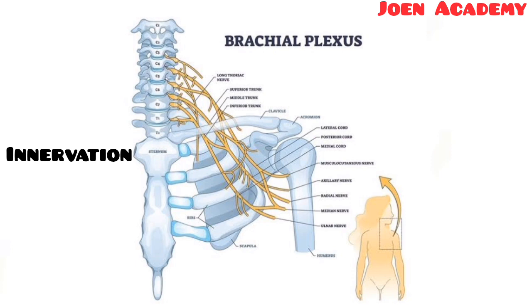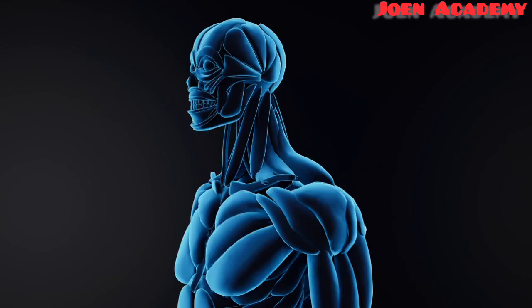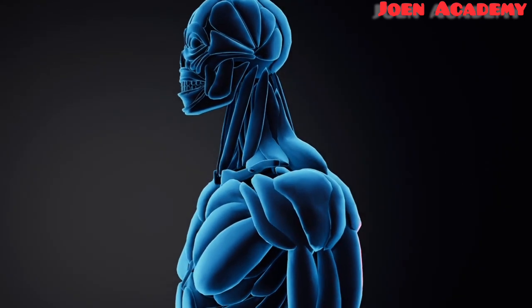The brachial plexus is just a network of nerves formed by the front branches, that is the ventral rami of the lower cervical spinal nerves, which are the C5 to C8, and then the first thoracic nerve, which is the T1. These nerves branch out to innervate the muscles, the skin, and the joints of the upper limb.